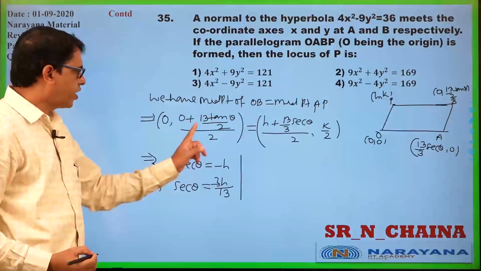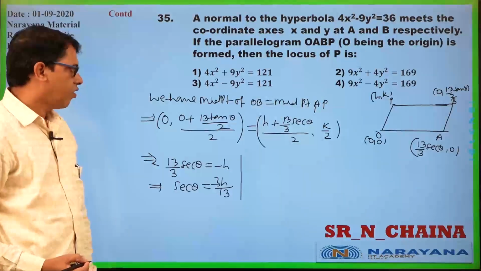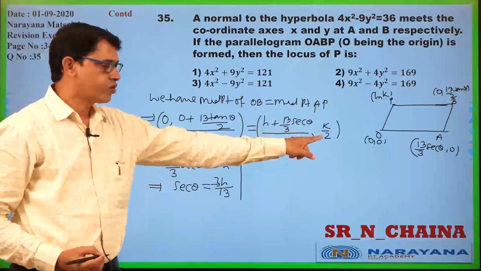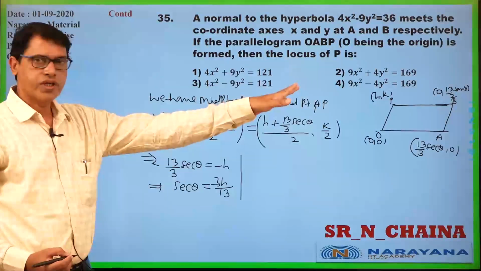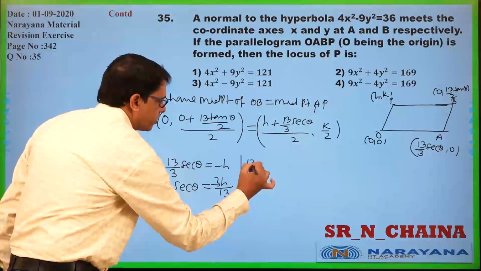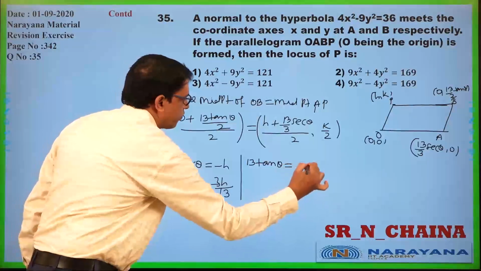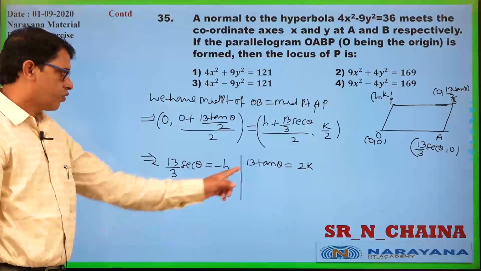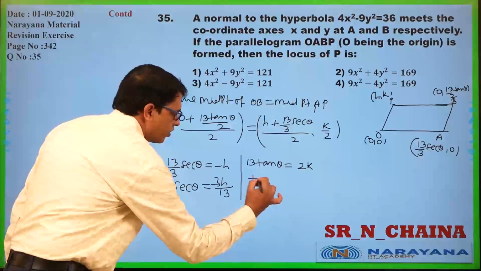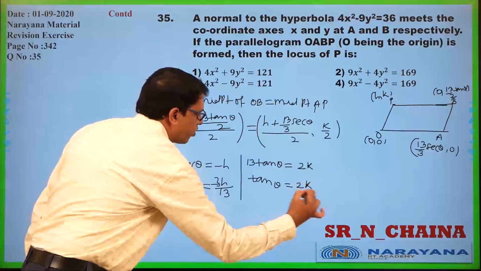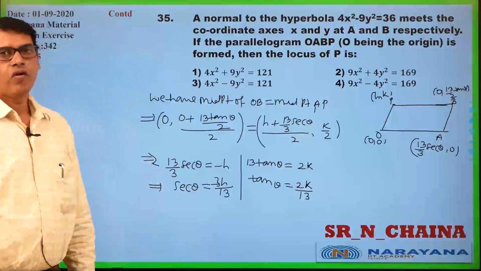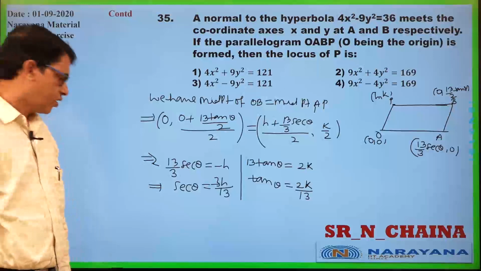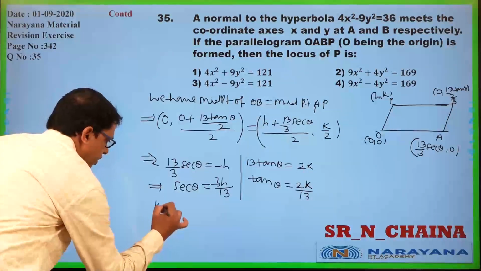Similarly, if you equate y coordinates, what do you get? 13 tan theta upon 4 equals k by 2. So the 2 gets cancelled, then take 2 to the other side. So 13 tan theta equals 2k. So the value of tan theta equals 2k upon 13. Now elimination of theta. We have the relation secant square minus tan square equals 1.